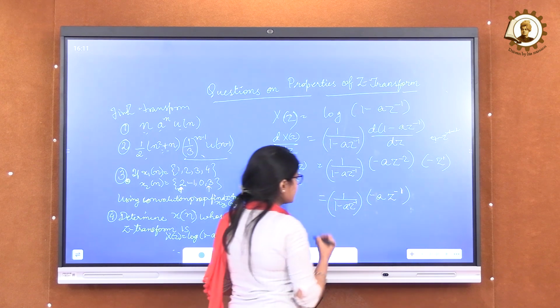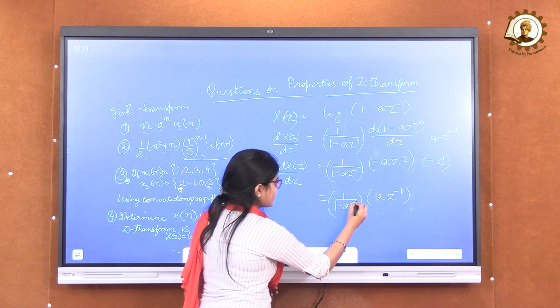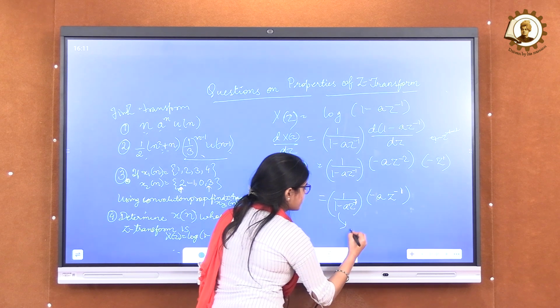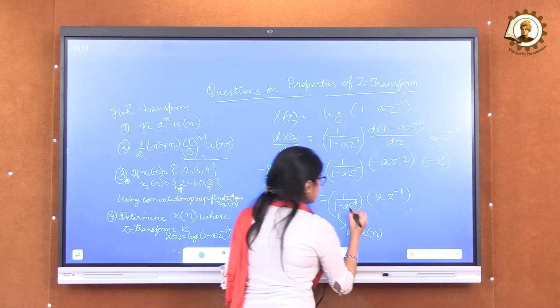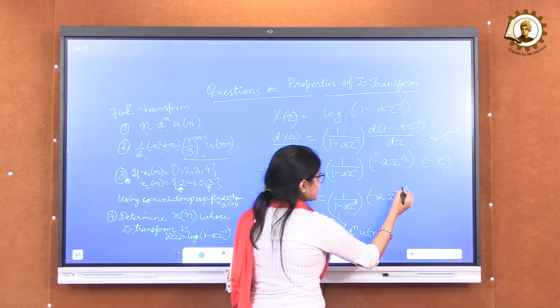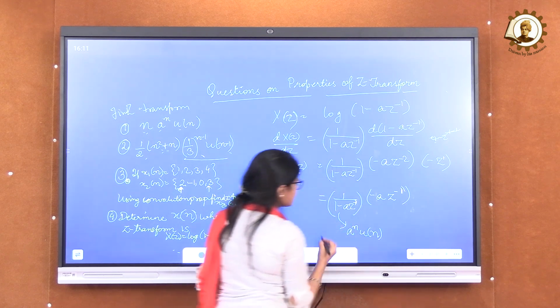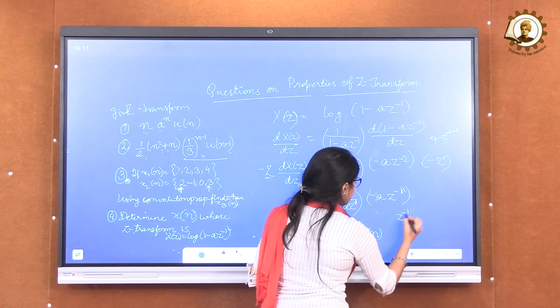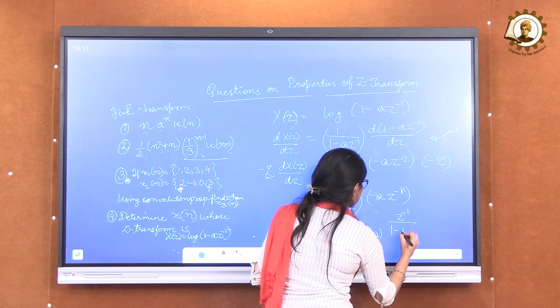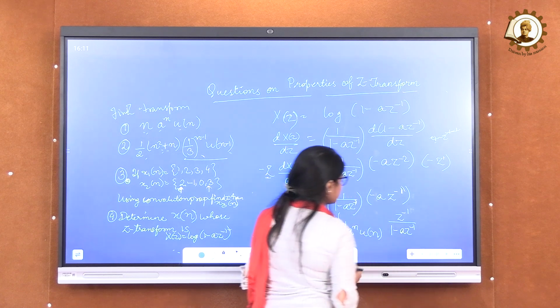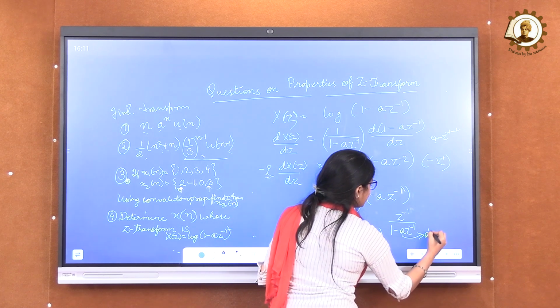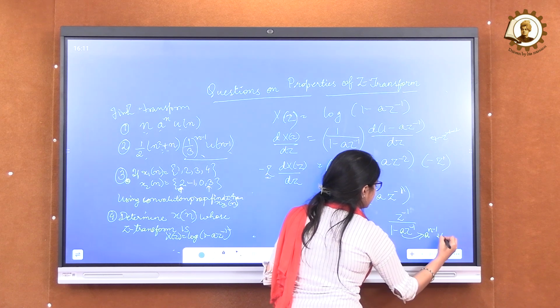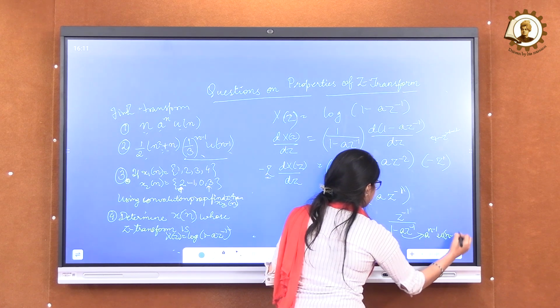Fine. Now this part over here is the z transform of a^n u[n]. If you multiply this portion with z to the power minus 1, that is z to the power minus 1 divided by 1 minus a z to the power minus 1, then it is a time shift by 1 unit. So it becomes a to the power n minus 1 u[n minus 1].